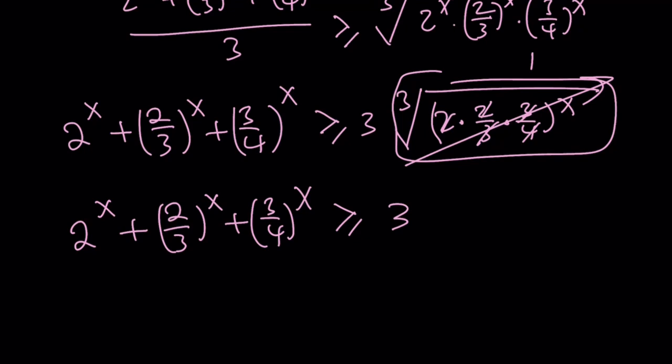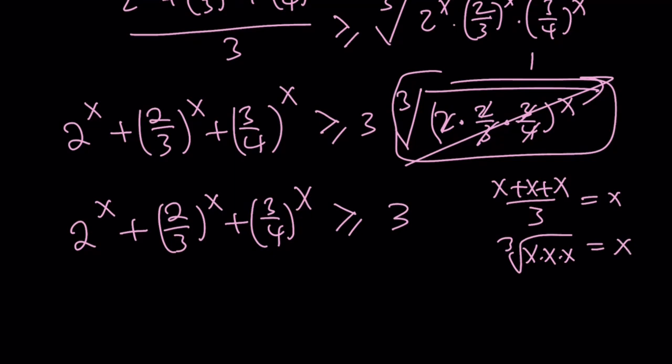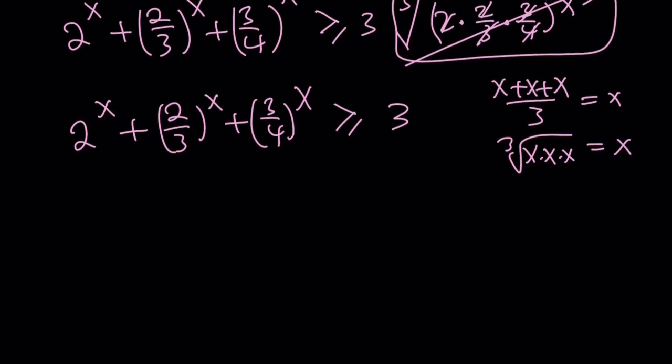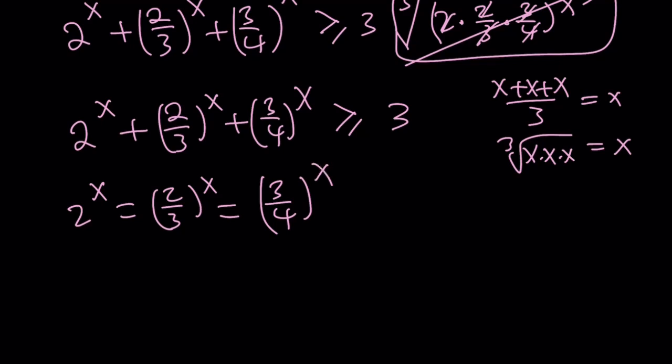If you average x, x, x, divide by 3, or take the cube root of x times x times x, you get the same thing. In both cases, you get x, one of the numbers. So this implies that 2 to the x equals 2/3 to the power x, which equals 3/4 to the power x. But when are these things all going to be equal? Obviously, when x is equal to 0.